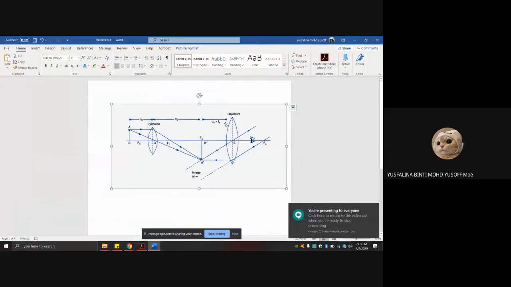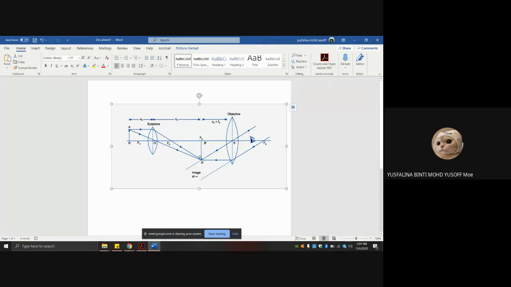So you see the first image is here, right? Usually the eyes is here, but this one they put it this way. So this is the objective lens, this one is the eyepiece, because the eyes is from here. You can see the first image is at the focal point of the objective lens.